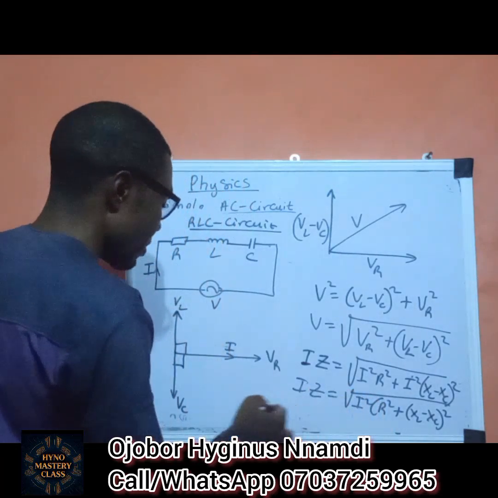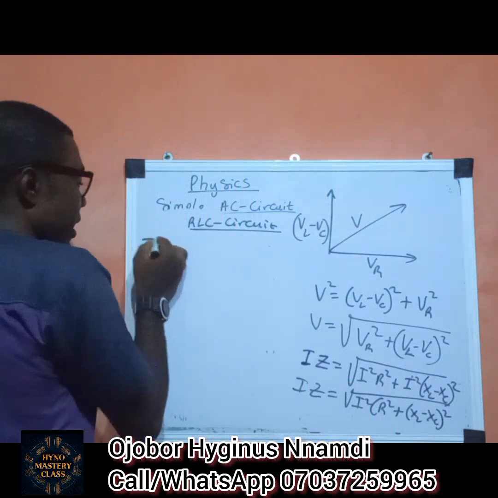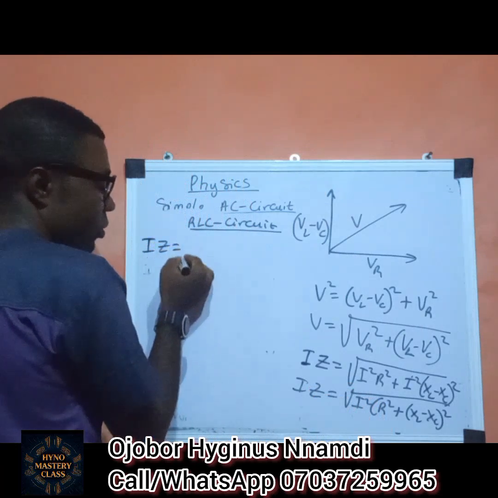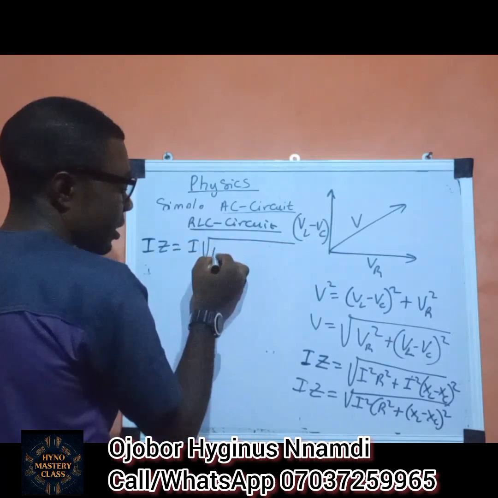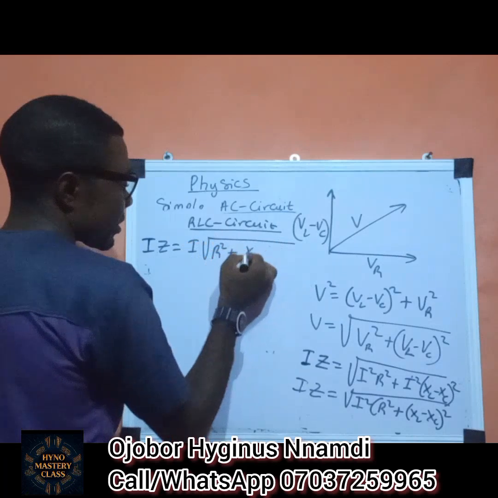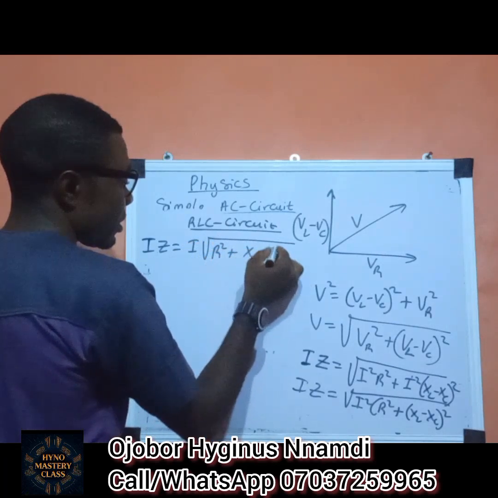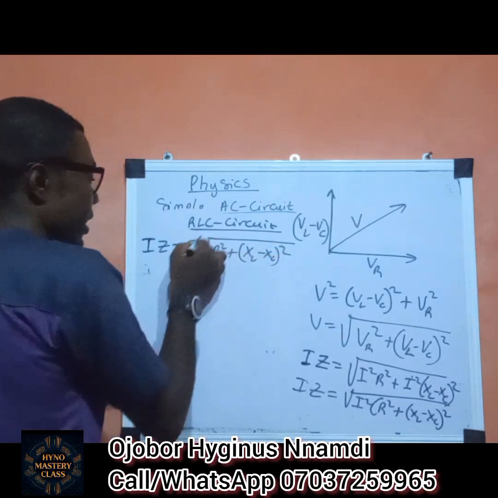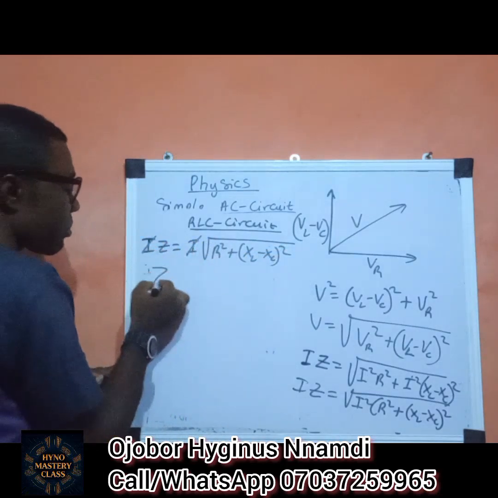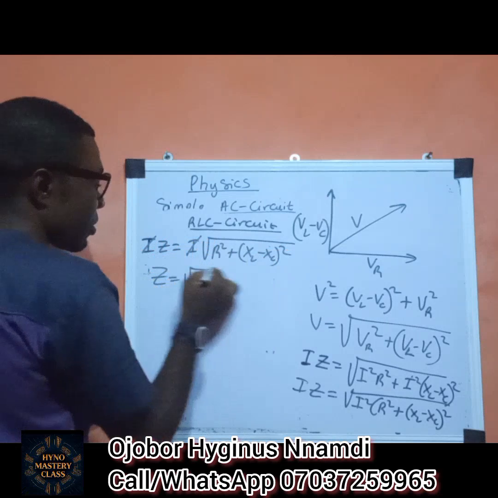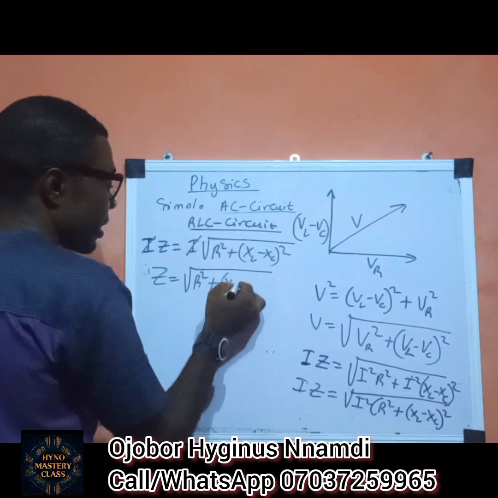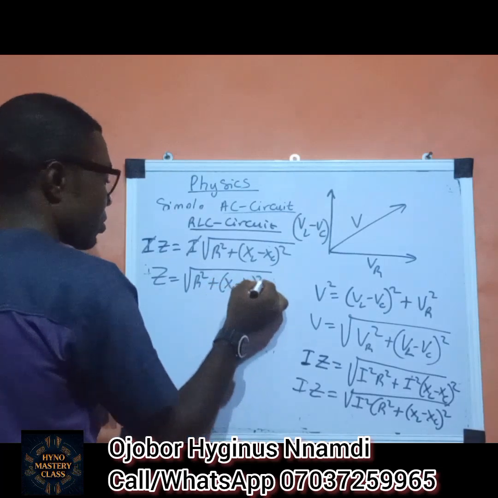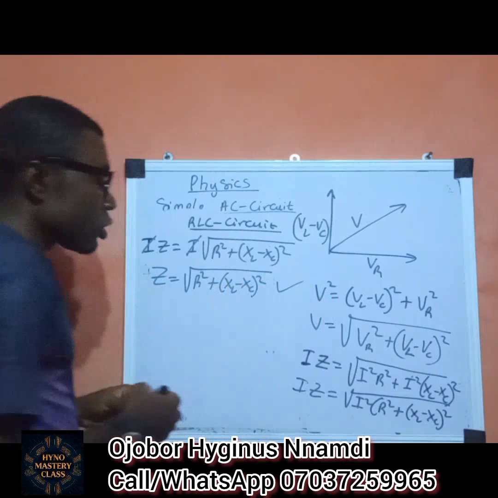And then we'll have mathematically that IZ equals I times the square root of R squared plus XL minus XC squared. And I can cancel this I. So impedance is equal to the square root of R squared plus XL minus XC squared. This is impedance.